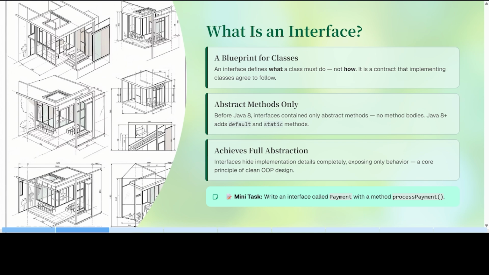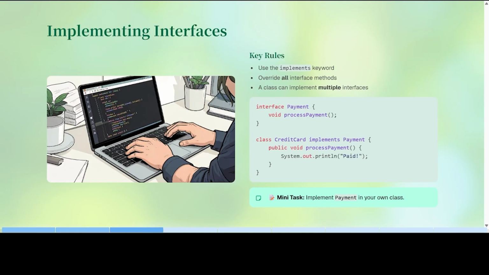Now we will see how to implement the interface. There are several rules to follow while implementing interfaces. So what are the rules? First, we have to use the implements keyword. See in this code we have an interface Payment with void processPayment. Here we use the interface keyword. Then in the class CreditCard implements Payment, we use the implements keyword.